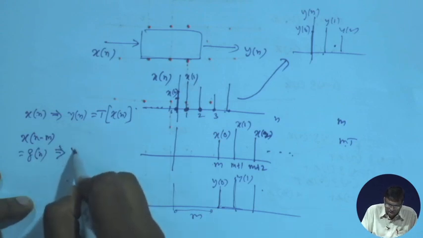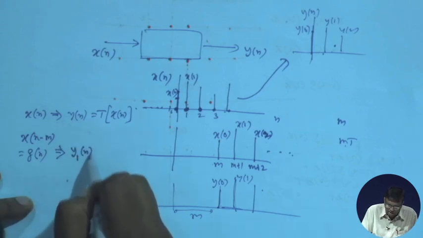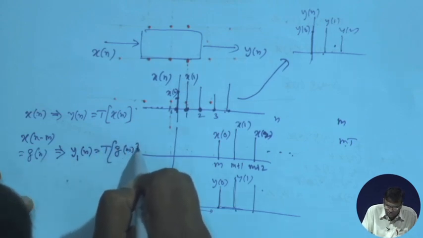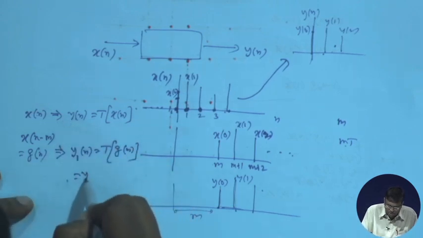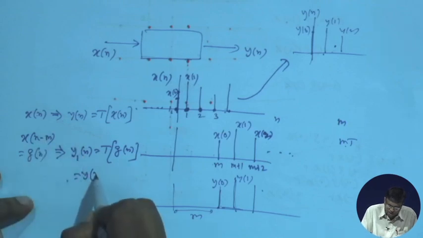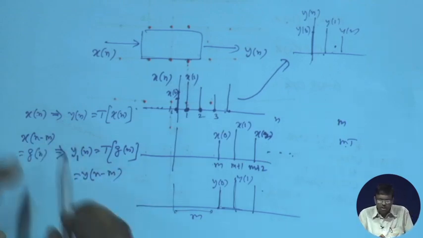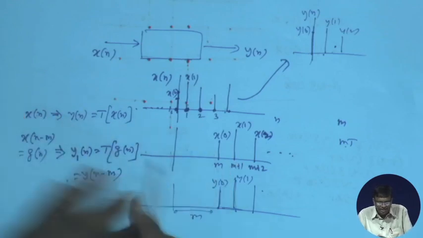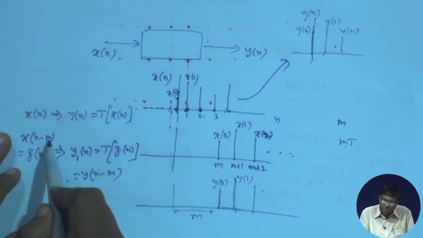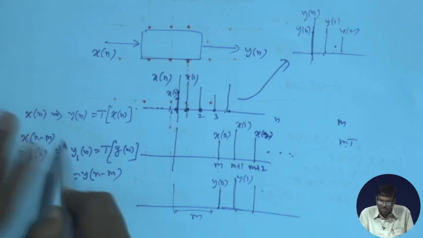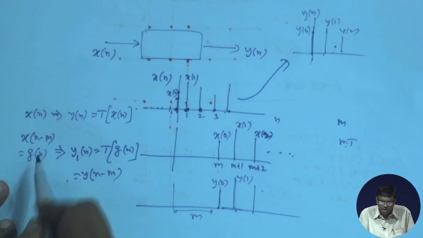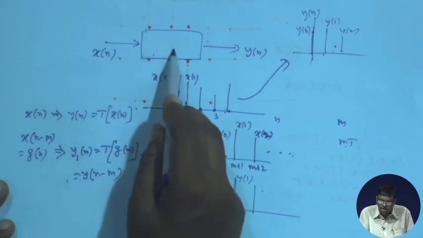Then the new output, say y 1 n, which is T working on g n, will be the same as the previous output, but also delayed by the same amount. That is, I give x n, I got y n. X n I now delay or shift, and this can be positive or negative. If it is shifted, it is a shifted version, and I give it a new name g n.